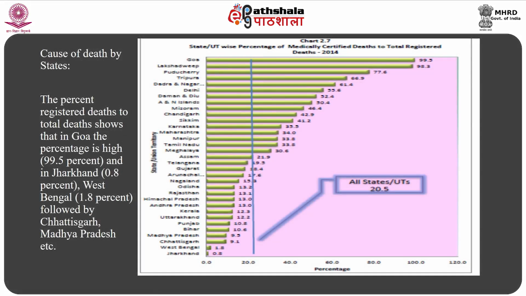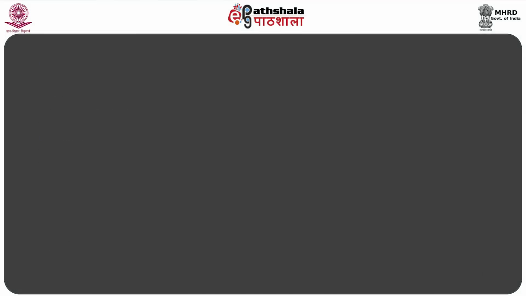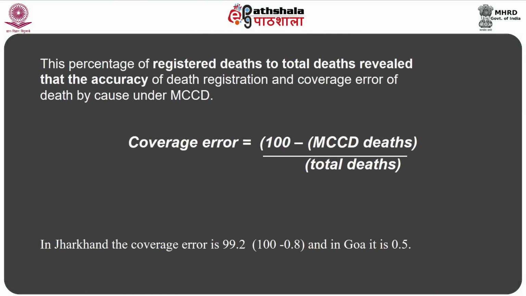Table 3. Causes of death by state is given in the following graph. The percent of registered deaths to total deaths shows that in Goa the percentage is high, 99.5%, and in Jharkhand 0.8%, West Bengal 1.8%, followed by Chhattisgarh, Madhya Pradesh, etc. This percentage of registered deaths to total deaths reveals the accuracy of death registration and coverage error of deaths by cause under MCCD.